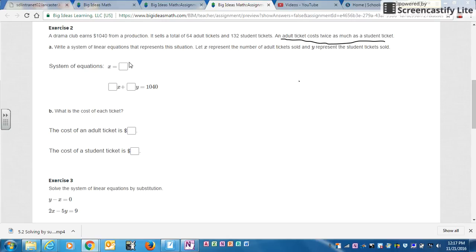So x is an adult ticket, y is a student ticket. X equals adult. Sorry about the poor handwriting. And y equals a student. So that's what we want to figure out. Cost of an adult ticket, cost of a student ticket. Okay.